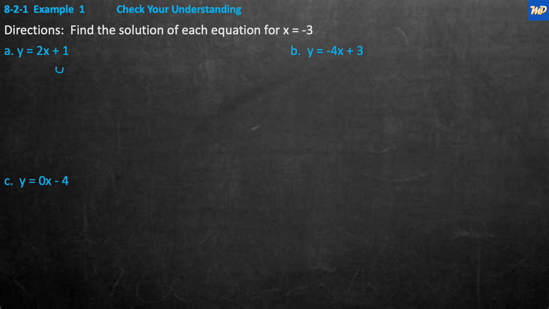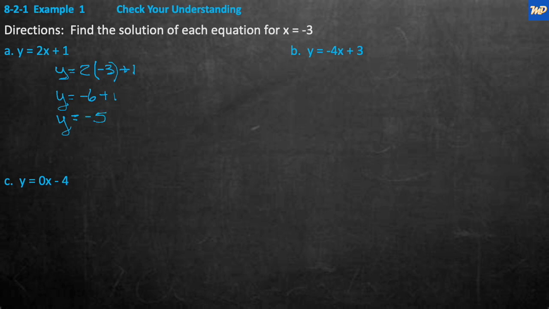We have y equals 2 times minus 3 plus 1. Well, when we multiply this, minus 3 times 2 is minus 6. So we have y equals minus 6 plus 1, and then therefore y equals what? Minus 6 plus 1 is minus 5.